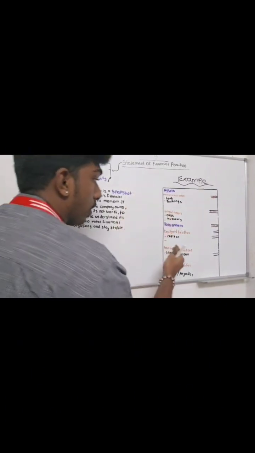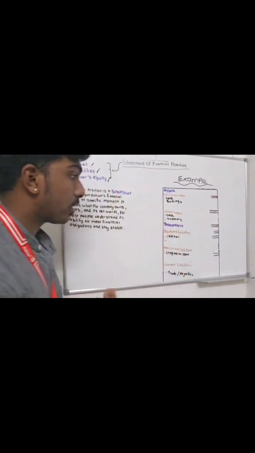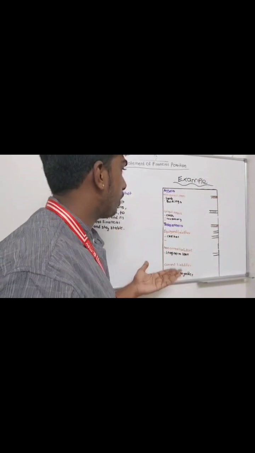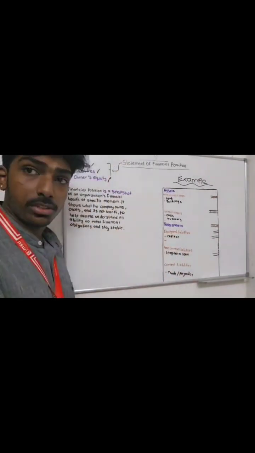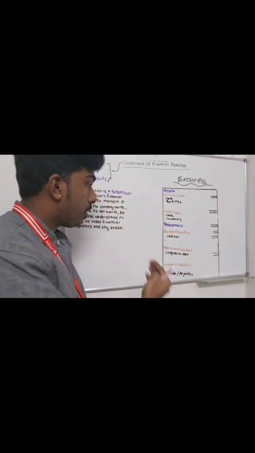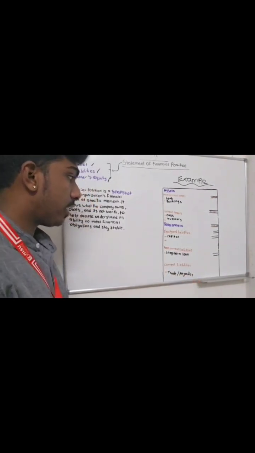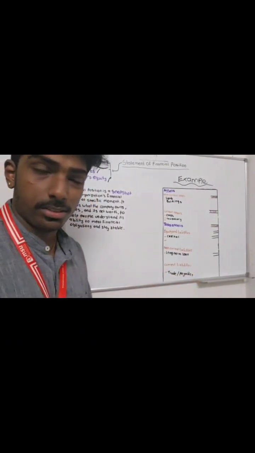The same is true for liabilities: non-current liabilities and current liabilities. Non-current assets are, for example, land and buildings, and current assets are cash or inventory. For liabilities, a long-term loan is a non-current liability, and trade payables are current liabilities.